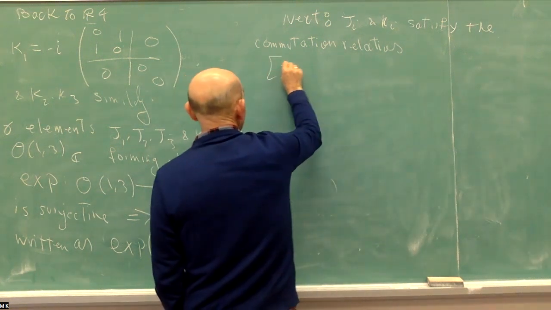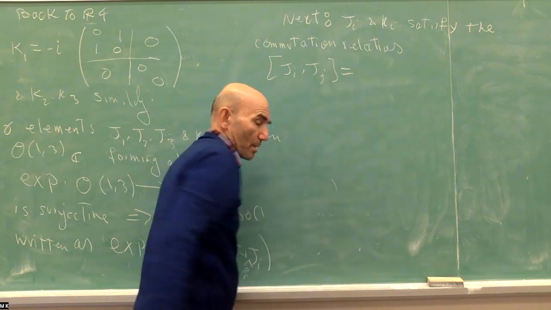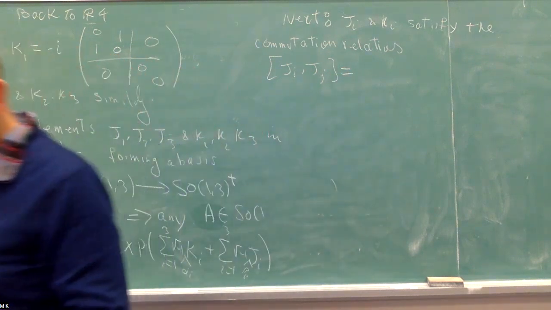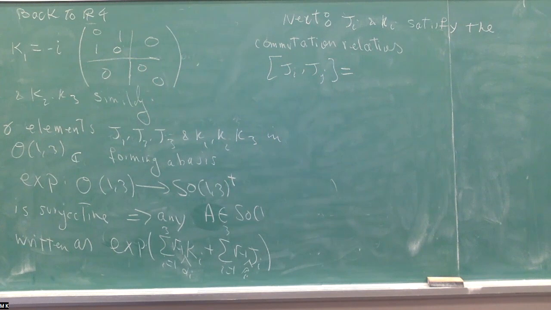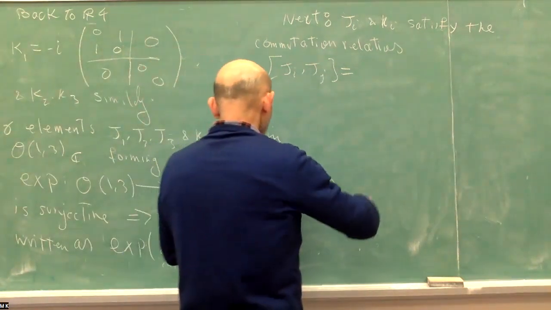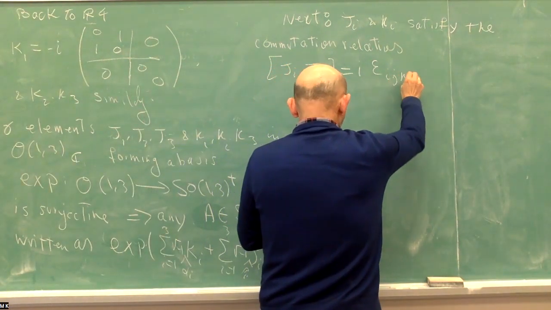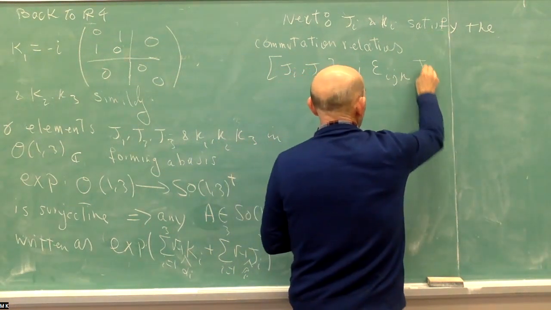So these Ji's and Jj's satisfy commutations in terms of the Lorentz symbols: equal to i times epsilon ijk.